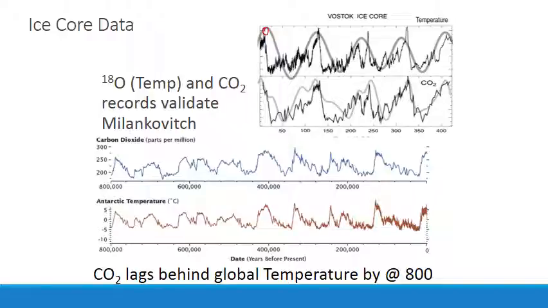We see two different things plotted here, temperature and CO2. These gray lines are the Milankovitch-produced predictions, so they're smooth, right?